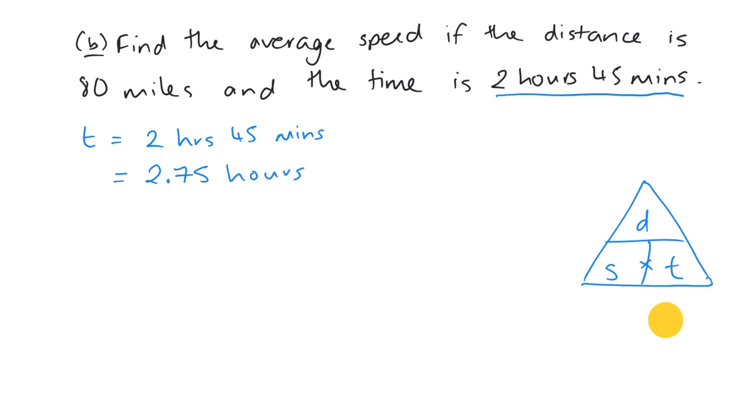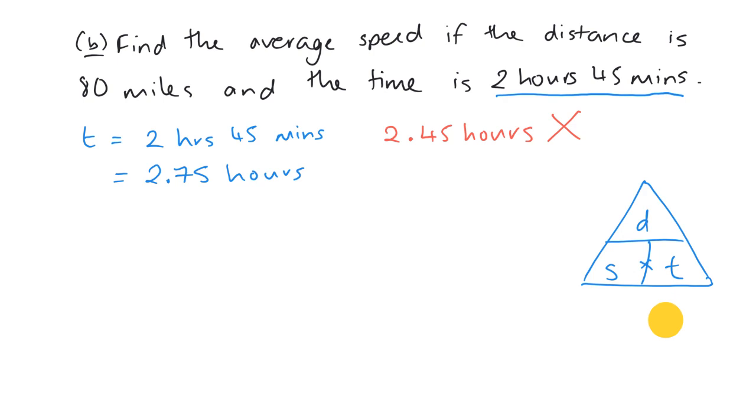The most common mistake that people make with changing from hours and minutes into hours is to write that as 2.45 hours. That is completely wrong. Remember, there are 60 minutes in an hour, not 100, okay? So 2.45, completely wrong. This is 2 hours and 3/4, so 2.75 hours.